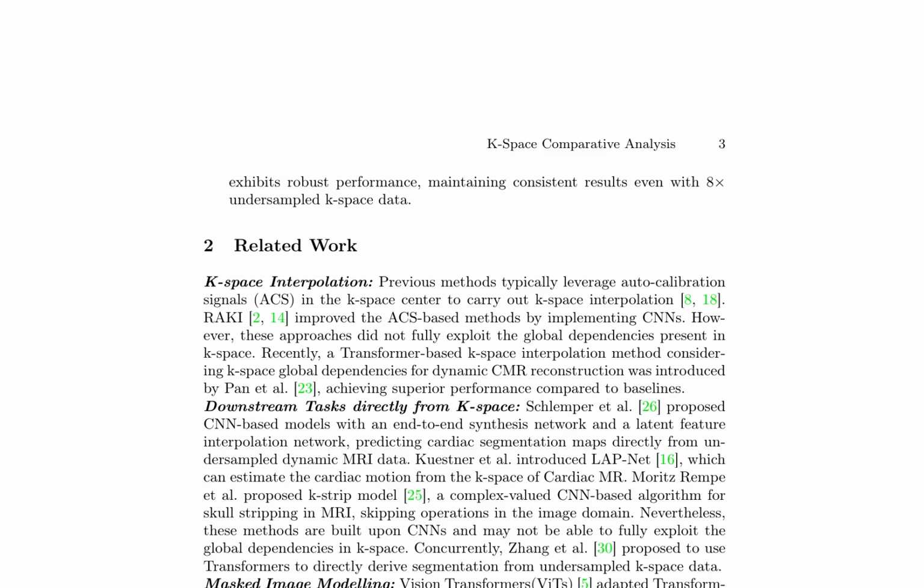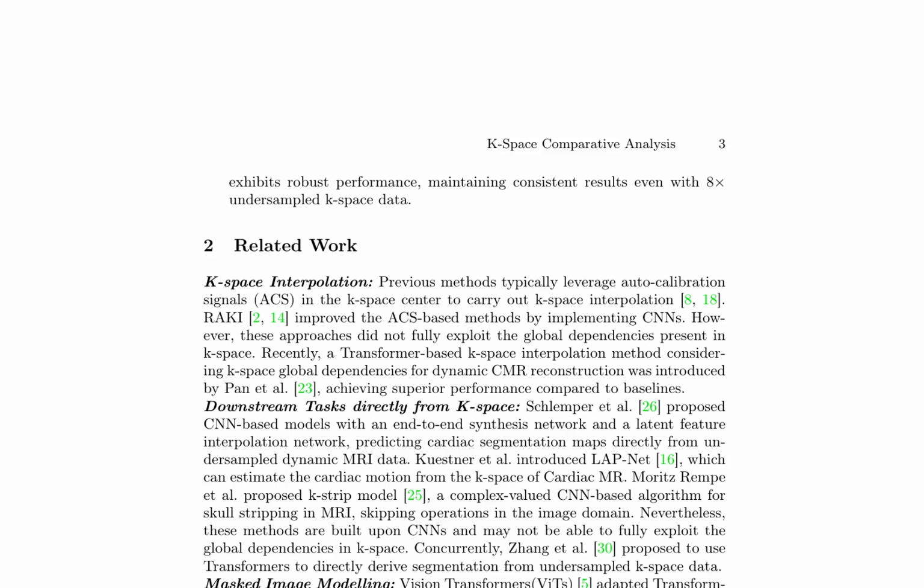Previous methods for K-space interpolation leveraged auto-calibration signals in the K-space center, with RAKI improving upon these approaches by implementing convolutional neural networks, CNNs. However, these methods did not fully exploit global dependencies present in K-space. Recently, a transformer-based K-space interpolation method considering K-space global dependencies for dynamic cardiac MRI reconstruction was introduced, achieving superior performance compared to baselines.